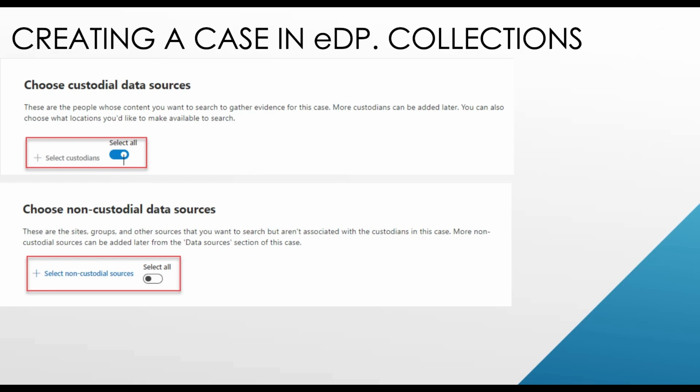If you want to keep your SharePoint sites, team sites, group mailboxes separate from the data in the review set or the collection that you're working on, you have the option to do that within here, okay? Being smart with the way you build out your cases and collections and review sets will certainly save you a lot of time in the long run when it comes to that review set, or even when it comes to the data export itself. But let's take a look at the options this gives you.